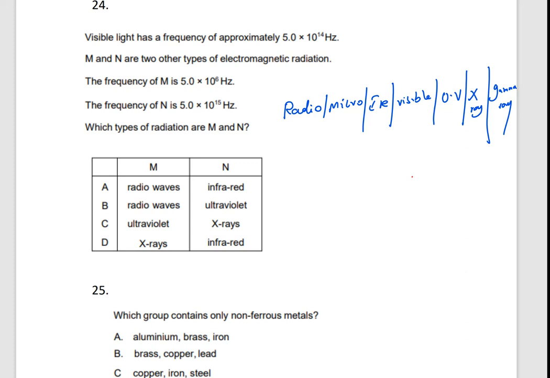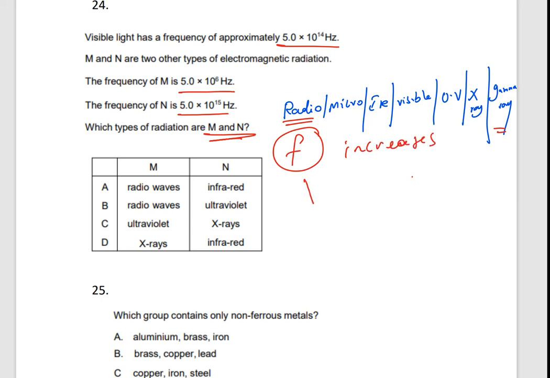So visible light has a frequency of approximately this. Frequency of M is this much, N is this much. Which type of radiations are M and N? As we know, when you go from radio waves towards the gamma rays, the frequency f increases, which means the wavelength decreases.